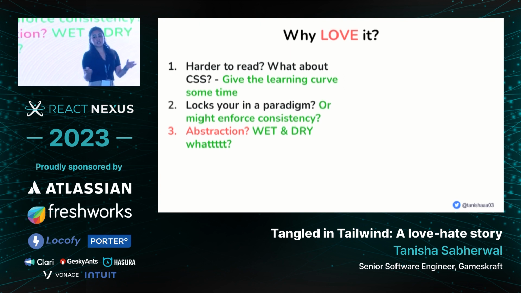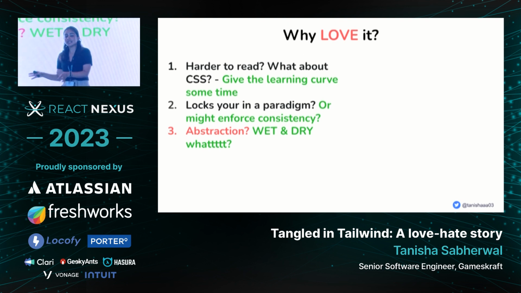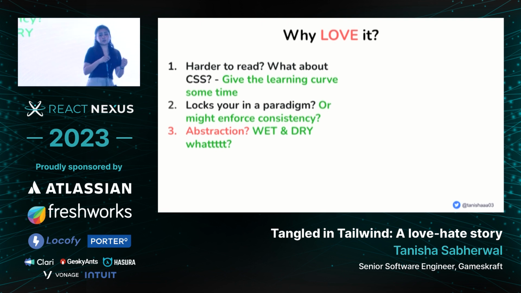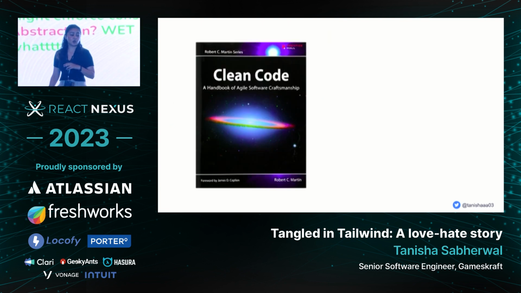So composition, composing all of these styles, using it as components is what specifically works. Mind you, the author itself says that just because you're using something like CSS utility classes does not mean you can do away with using the component structure that you follow. You still need components for you to enforce reusability, and that just works. So maybe that's not one of the reasons that you could not love it.